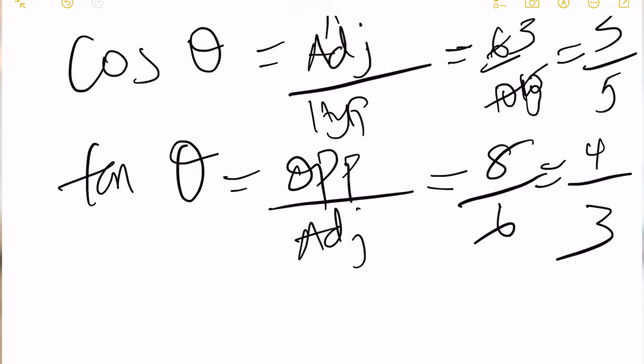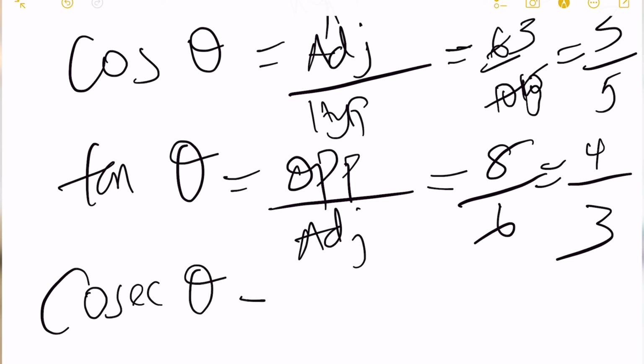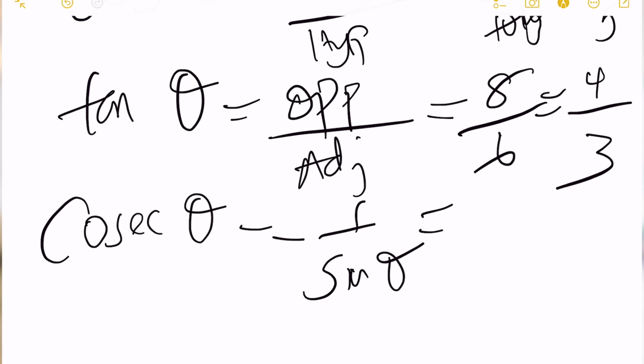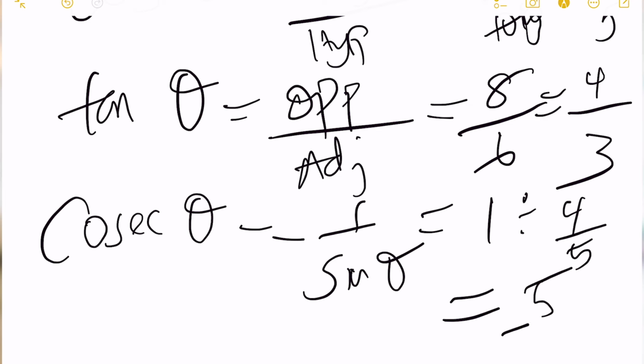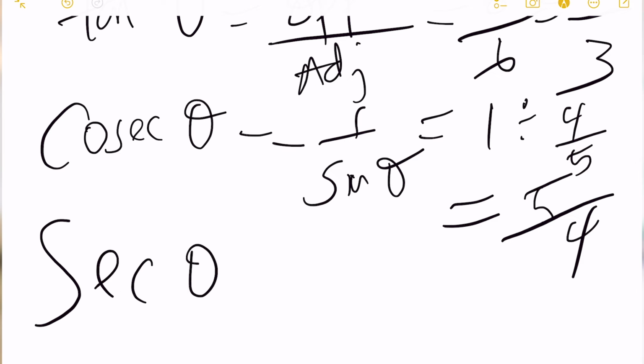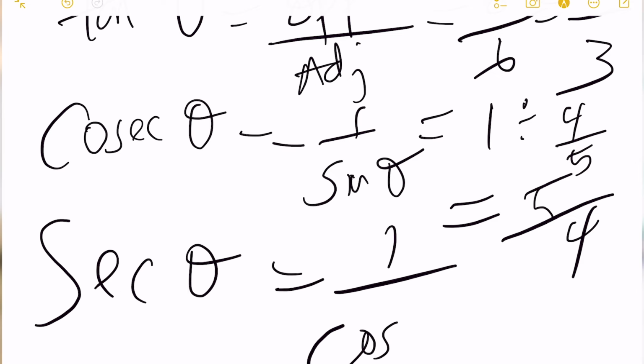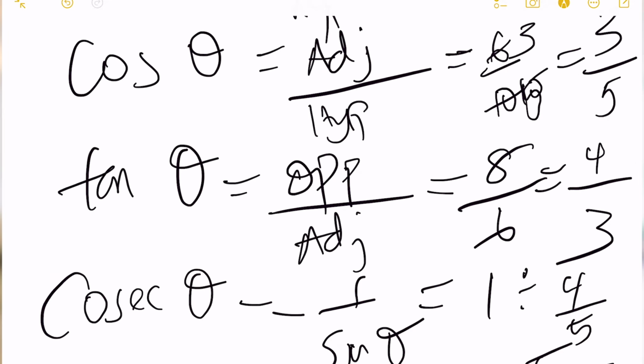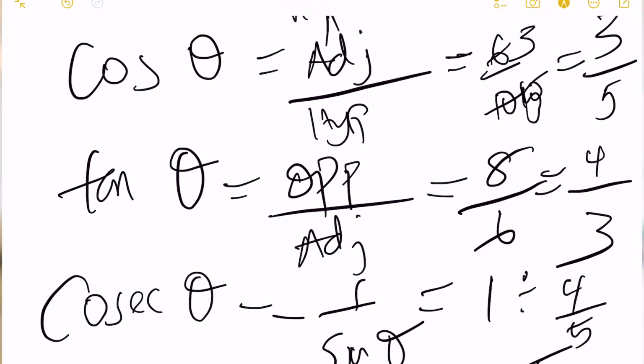So our cosec theta, which is 1/sin theta, we now have 1/(4/5), which is also 5/4. We have our sec theta to be 1/cos theta, which is 1/(3/5), which is 5/3.